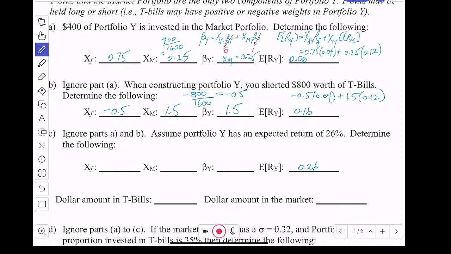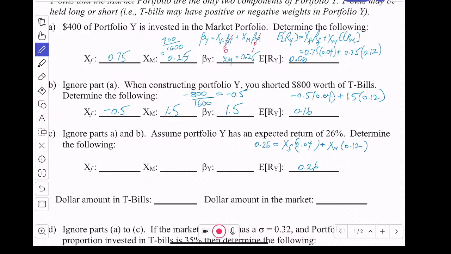So let's try it. I guess the first thing you would think of is to set the expected return formula to 26%. But that's too many unknowns, right? We have two unknowns, so we should get rid of one.